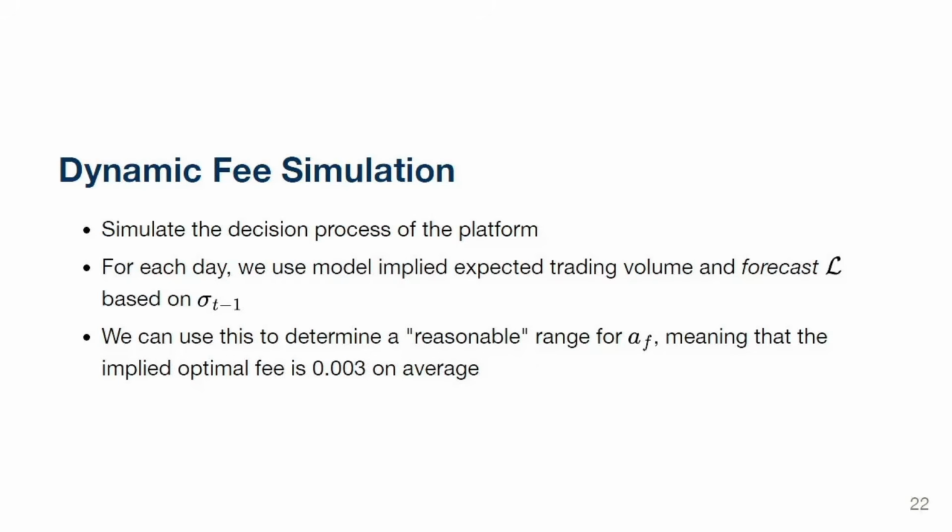We do this for a bunch of AF values and see which AF value on average results in the current fee that Uniswap v2 is using. This is the best we can do to get an idea of what fee sensitivity might be. But with v4, we might be able to run more experiments in the real world to see how different fees affect trading volume.